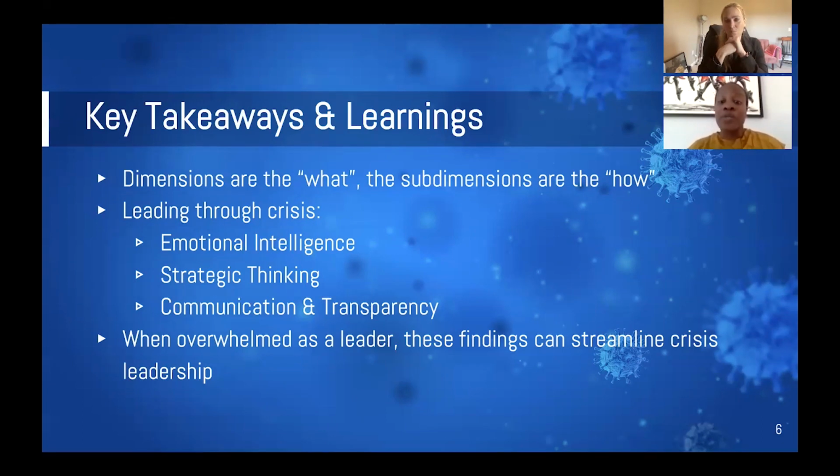We feel as though this research, which we hope will add to the current body of evidence and literature on crisis leadership, will help leaders form a playbook for many leaders to turn to when they are in crisis, as we realize that COVID-19 unmasked many of the difficulties that leaders might have in a time of crisis, and they'll be able to turn to this playbook again and again when other crises emerge.